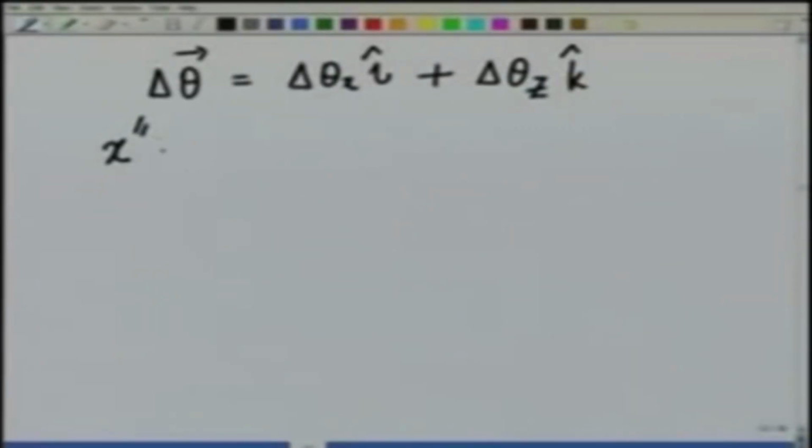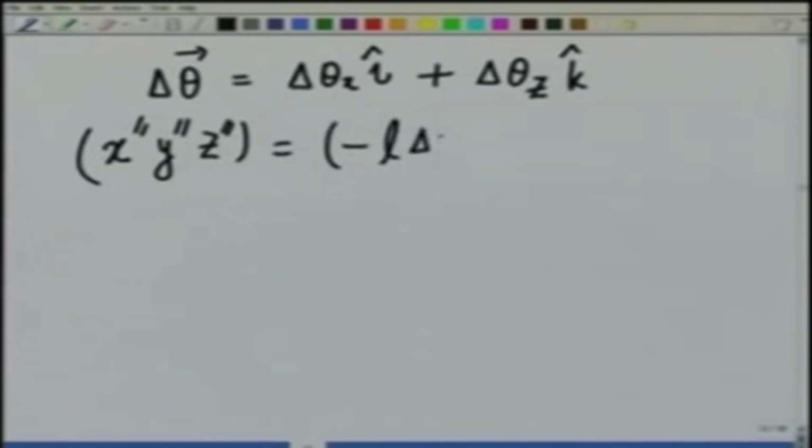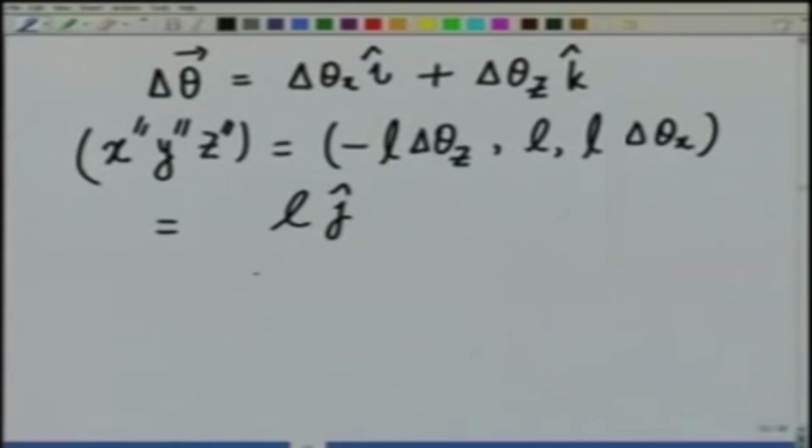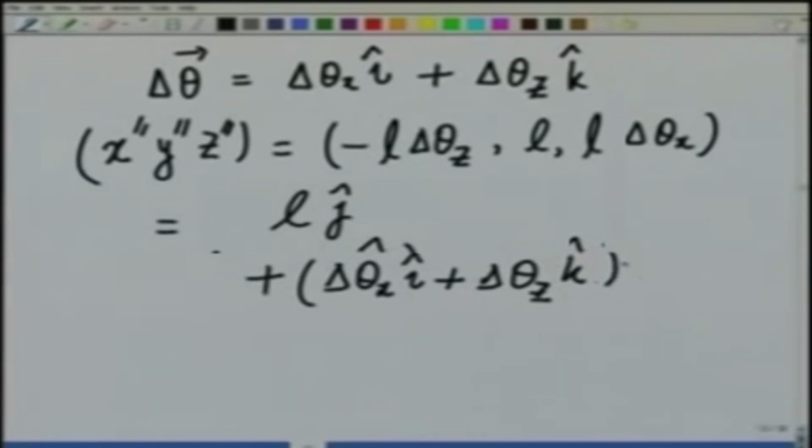I get x double prime, y double prime, z double prime as equal to minus L delta theta z, L and L delta theta x, which I can write as the original L j plus delta theta x i plus delta theta z k cross the original vector, which is L j.